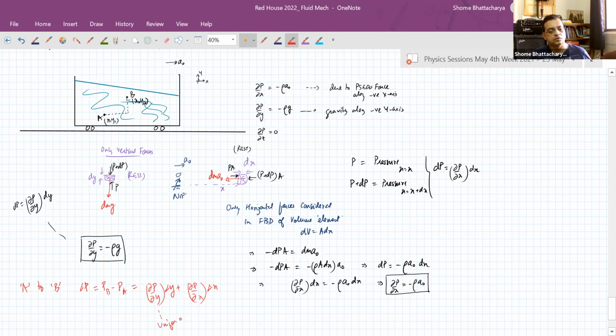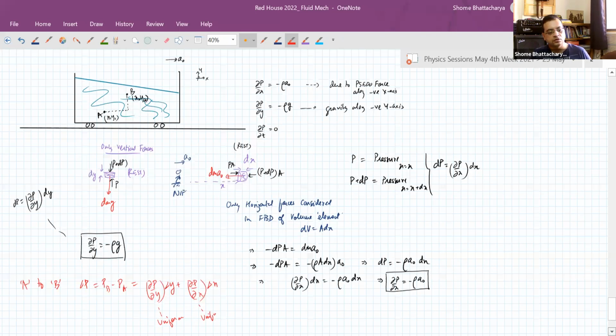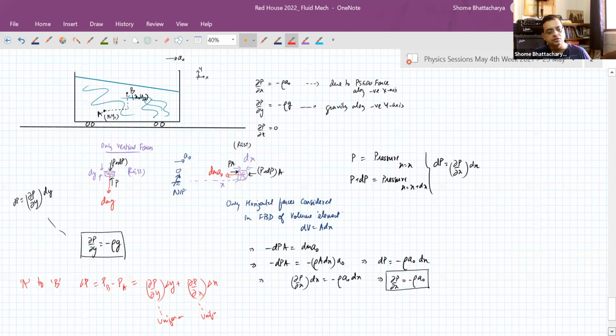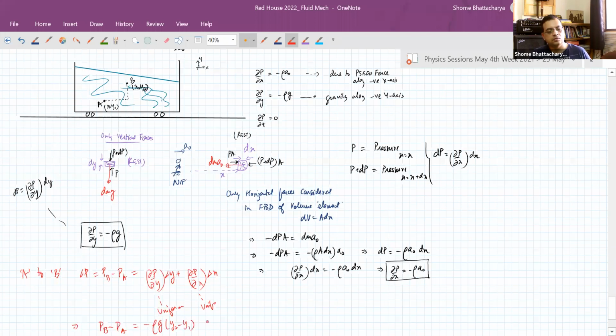Because they are uniform gradients, we can write this relation. For those 2 particular points that I've shown above, the pressure difference will be minus rho g into the change in y coordinate minus rho a naught into the change in the x coordinate.